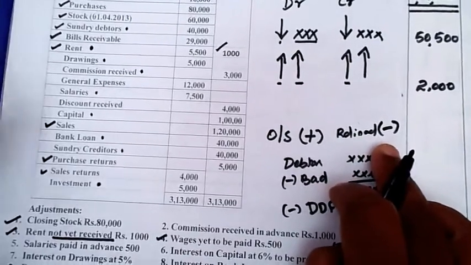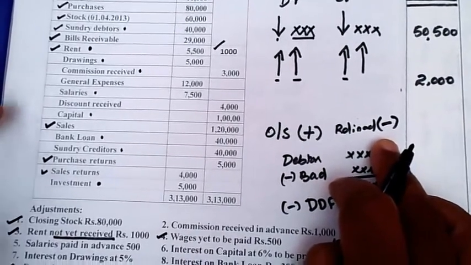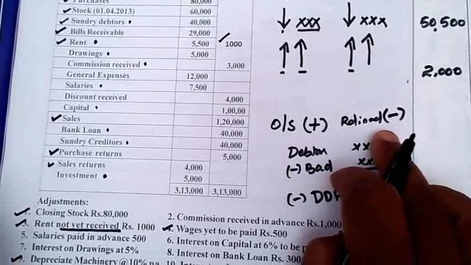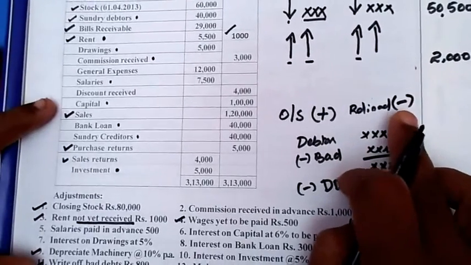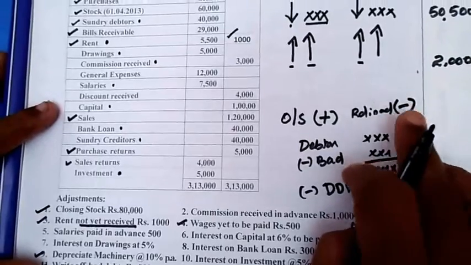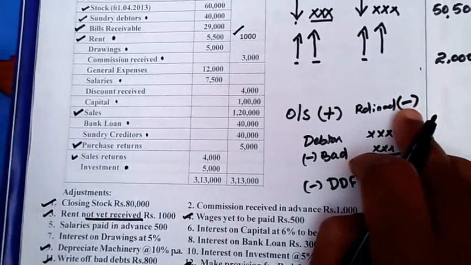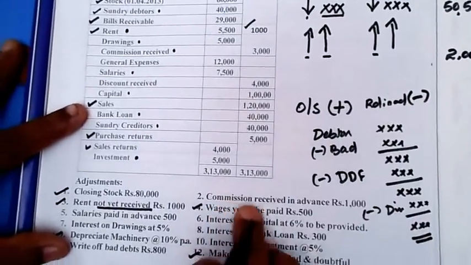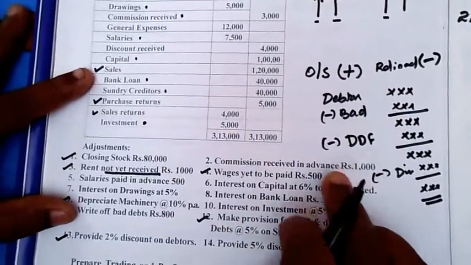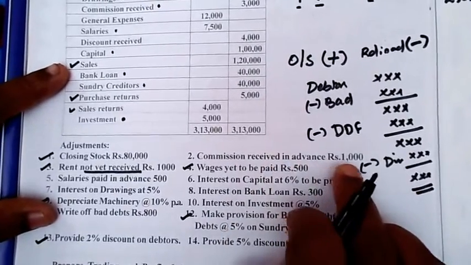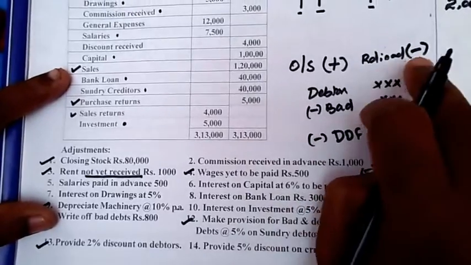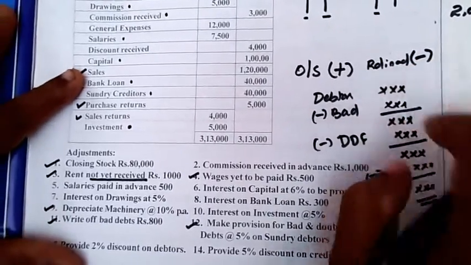Pre-received, prepaid. Whether it is expense or income, if there is any pre-received or prepaid, that should be subtracted from the respective expense or income. So here commission received in advance, which means income received in advance. This should be subtracted from the commission received.